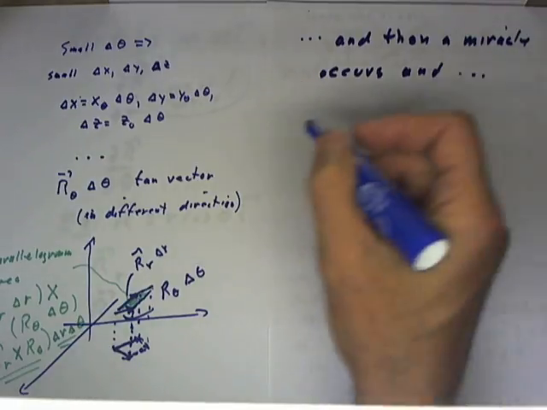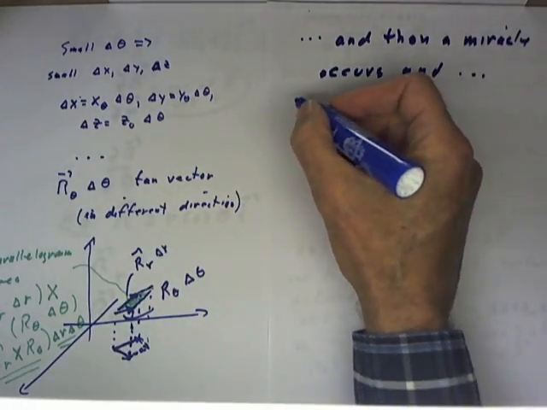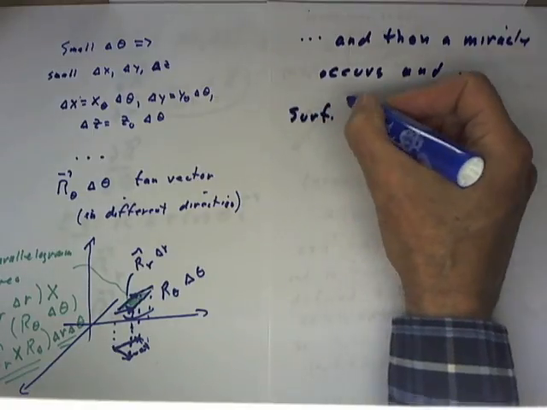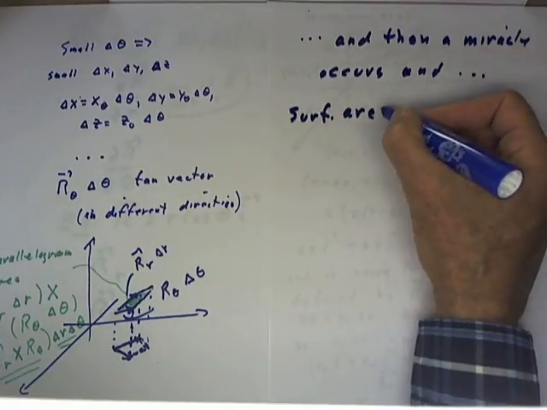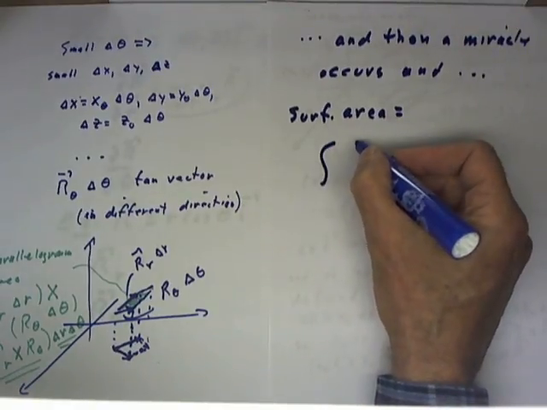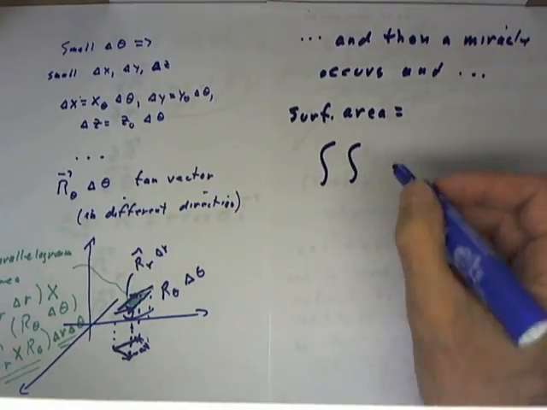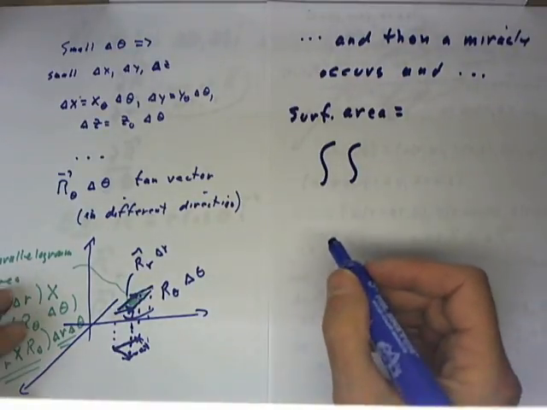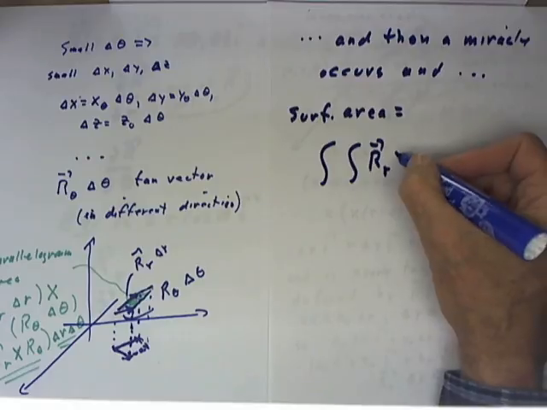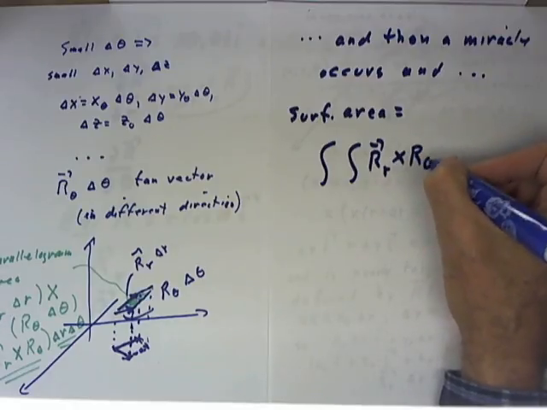And we conclude that the surface area is the double integral of r sub r cross r sub theta.